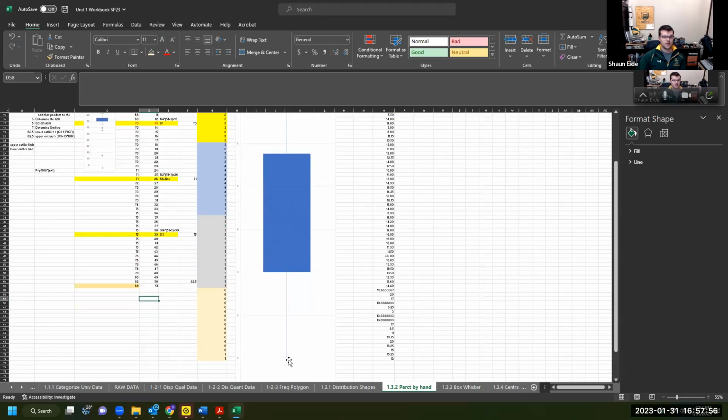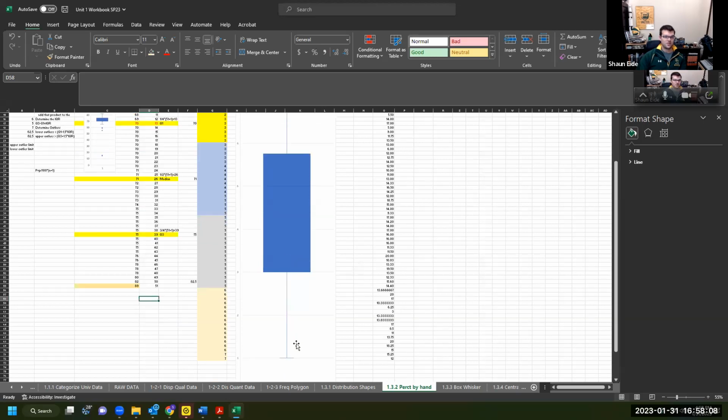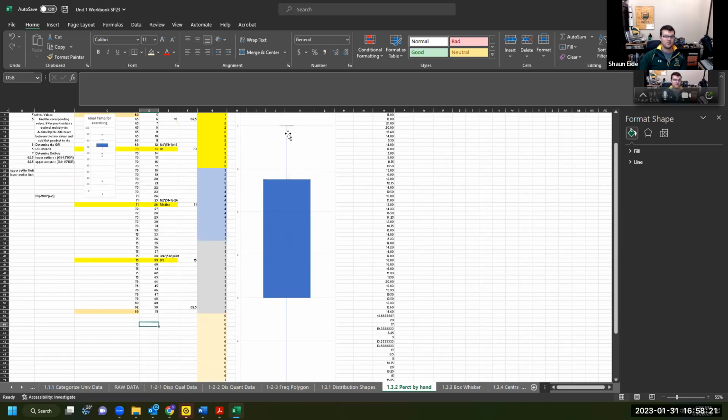Even though these are all different sizes, quartile 1 and quartile 2 are about the same size, but quartile 3 is really small and quartile 4 is not very big either. But even though these have different widths, they actually have all the same number of observations. So there are 17 values in here, 17 values in here, 17 values in here, and 17 values in here.